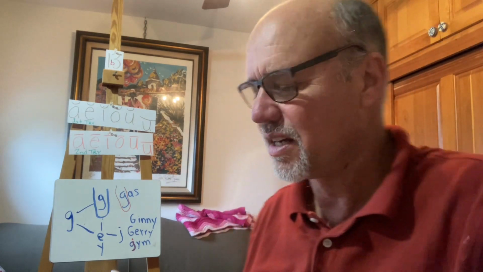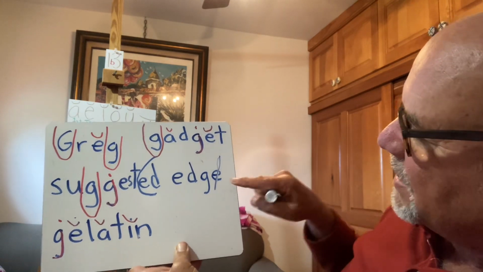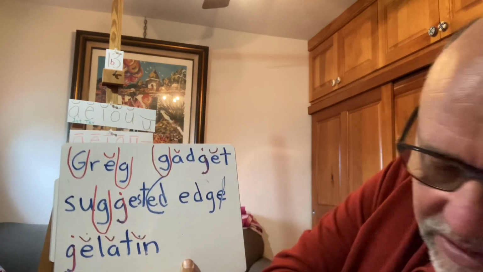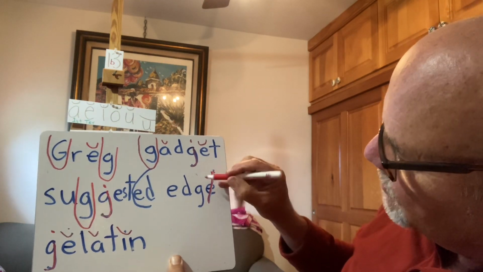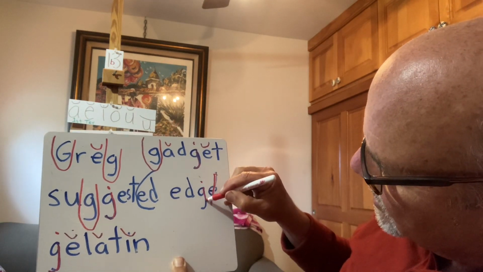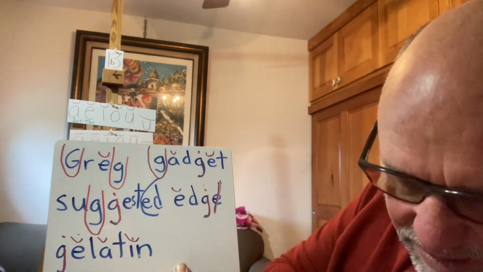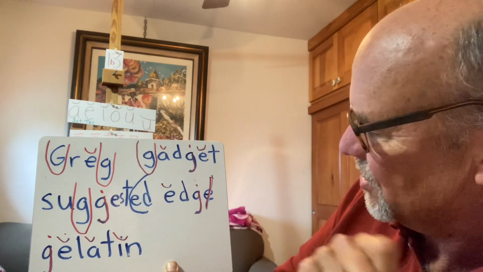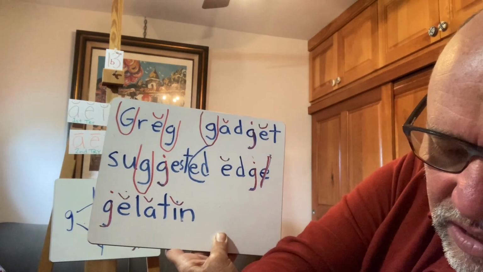Edge. Which is always silent, but it has a job. It's going to make the G steal the J sound. Edge. And that's going to be a very common pattern in English.